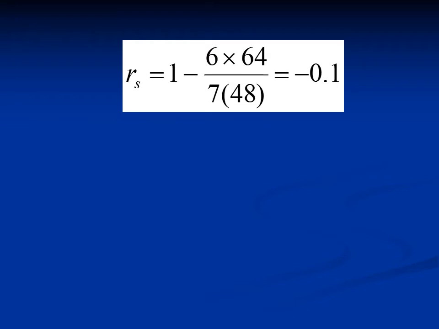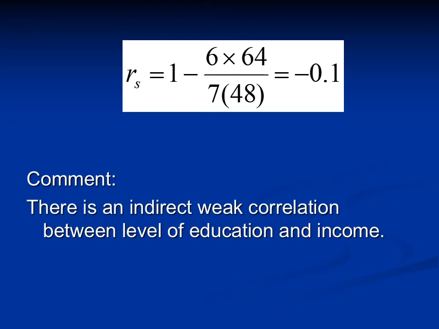So in this case, we got it as a negative 0.1, which is a weak negative correlation. There is an indirect or weak correlation. You can say indirect, or you can say negative.